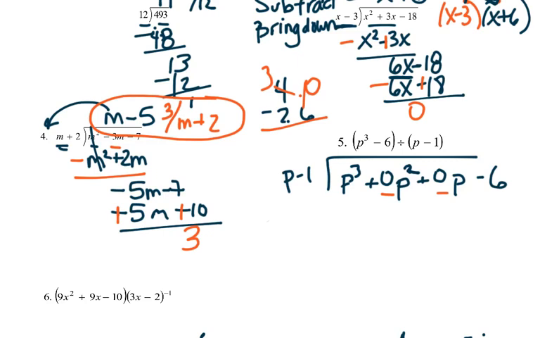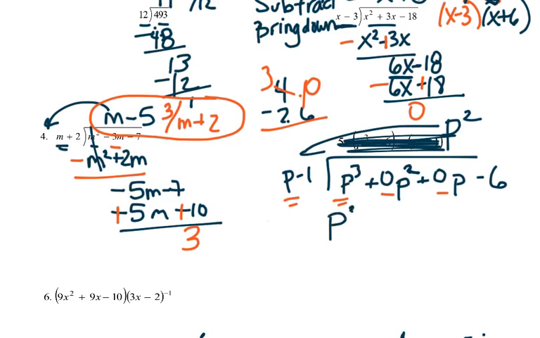So now I'm going to ask, how many times does p go into p cubed? That goes in p squared times. When I multiply that, I get p cubed minus p squared. So now you can see why we wanted those lined up. I change the signs, so I get p squared plus 0p.